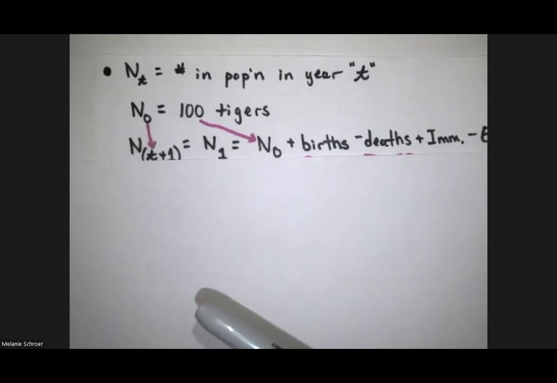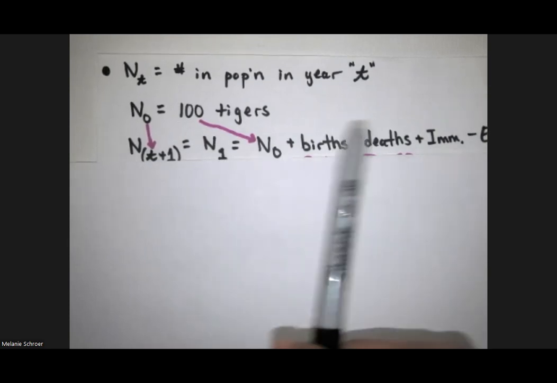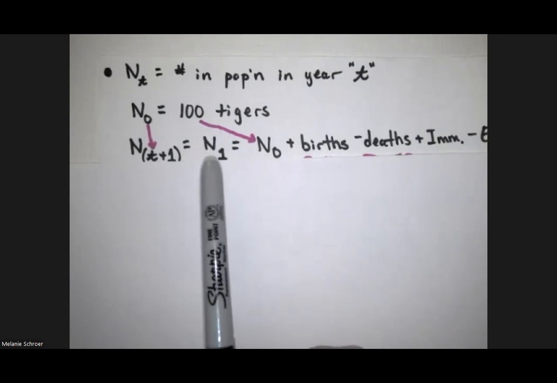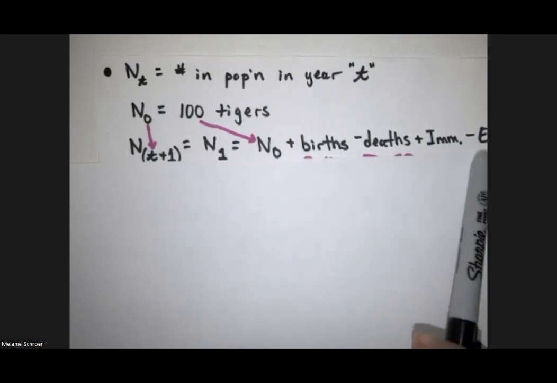We could simply calculate how many tigers there are in the population in year 1. Right, so the next time, these scientists go back in year 1 with this equation.